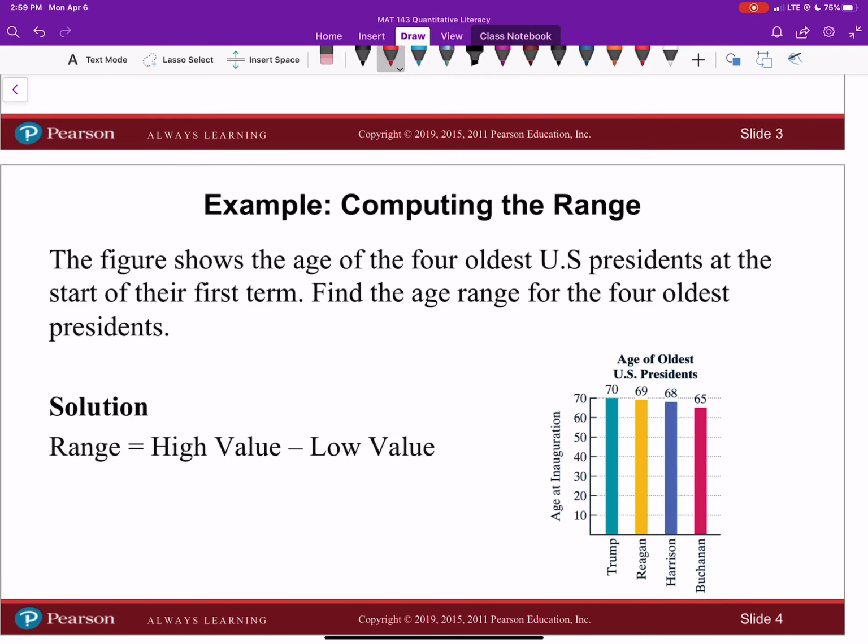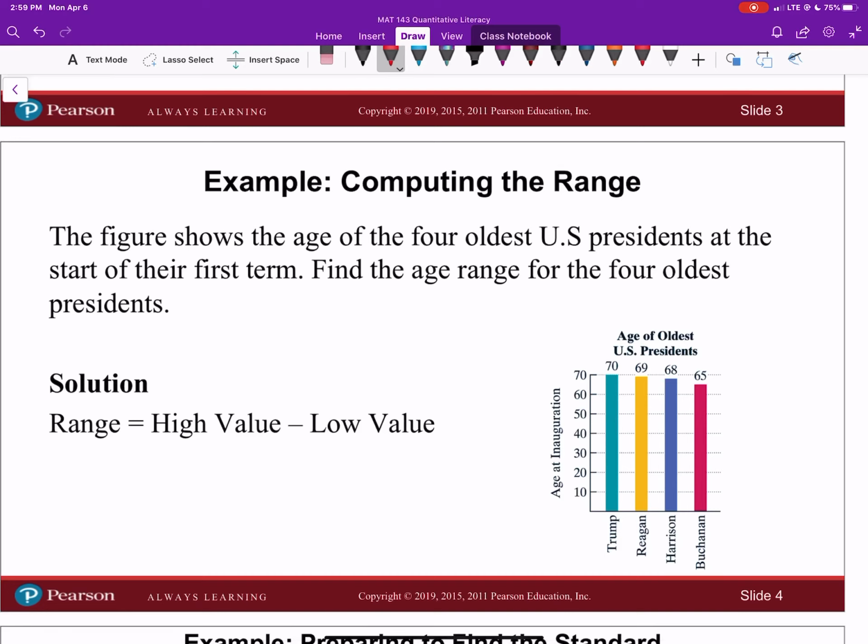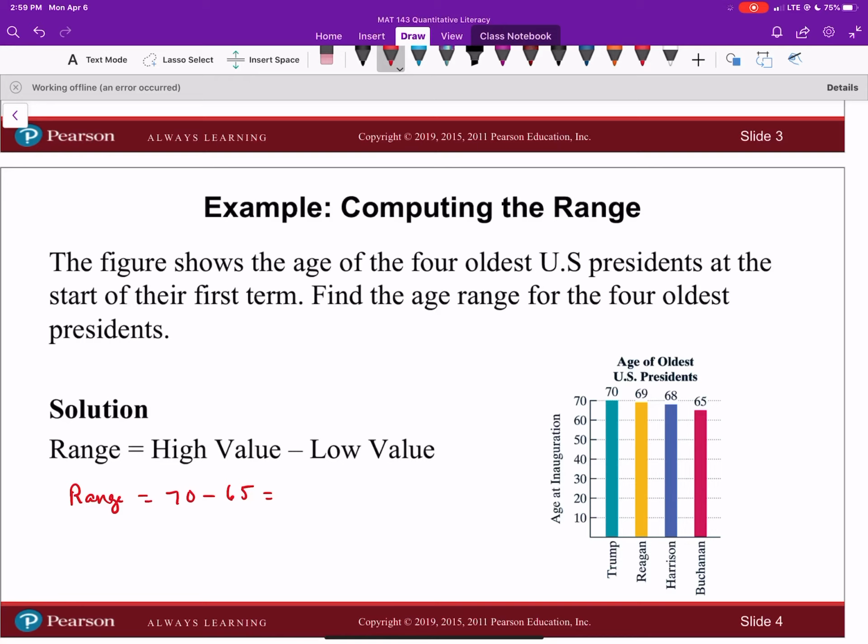The oldest would be Trump, so the range is equal to 70 minus, and the youngest is Buchanan, so minus 65. We get 5. So the range in this case would be 5.